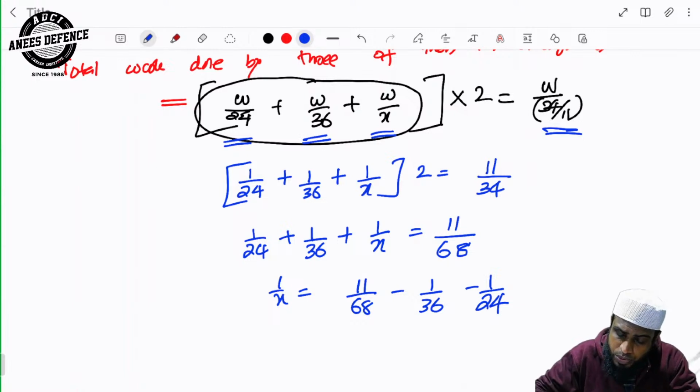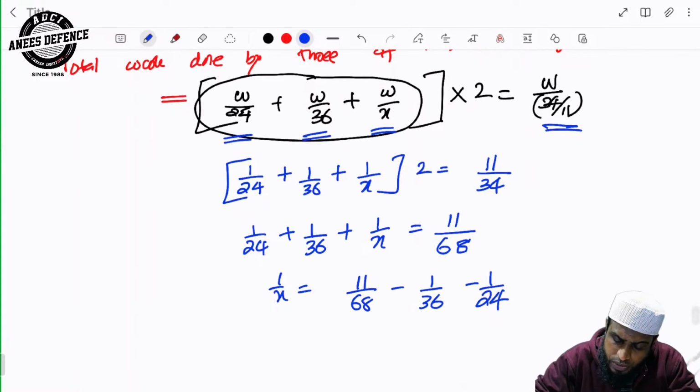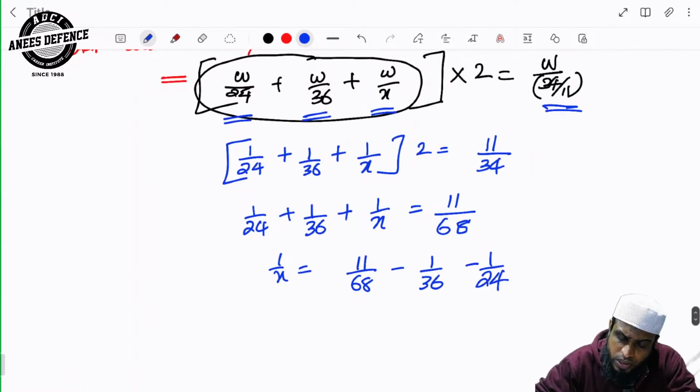So here you have to do the operation, LCM of these 68, 36 and 24. Then you have to solve. So you will get the value.